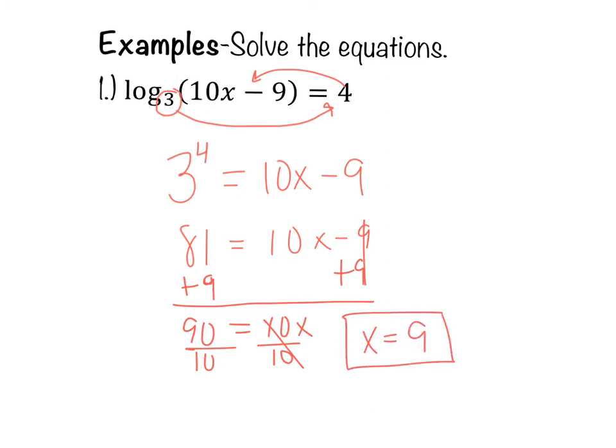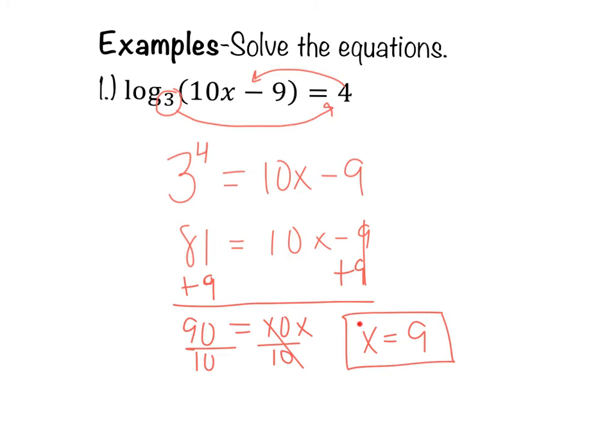So when you have only a log on one side of the equation, in the previous examples we had logs on both sides, so we used the property of equality. Because we only have one log on one side, we change it over to exponential by starting with our base and working counterclockwise.